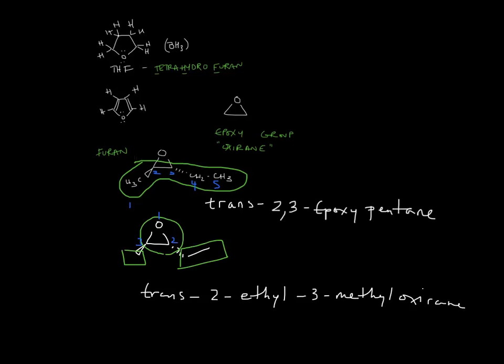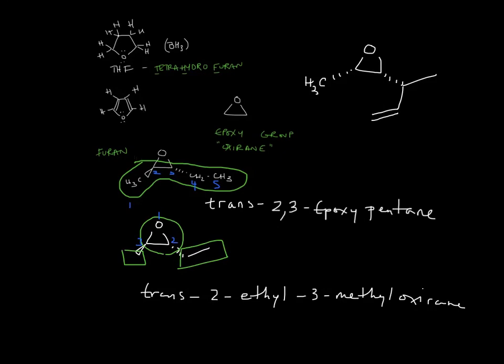Alright, so I'll give you one of these to practice, and then this video will be over. So let's go ahead and I will give you this guy. I'll just put a CH3 there. And on this side, I will have an alkene chain.